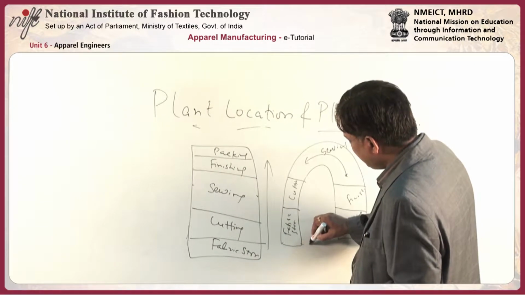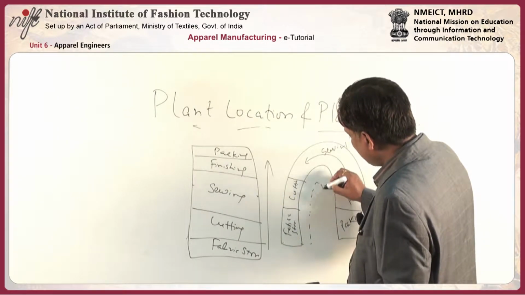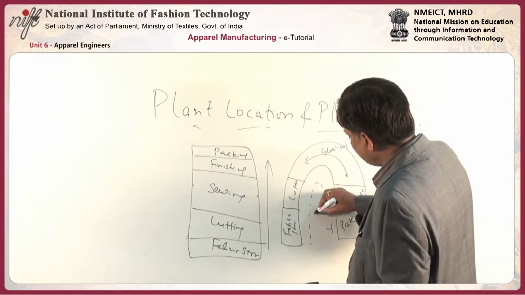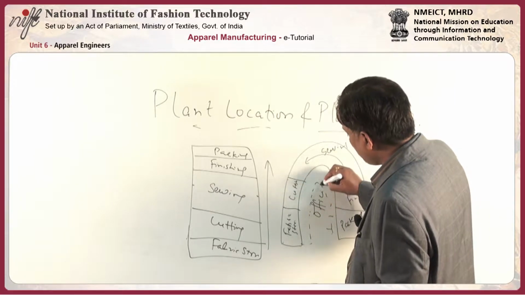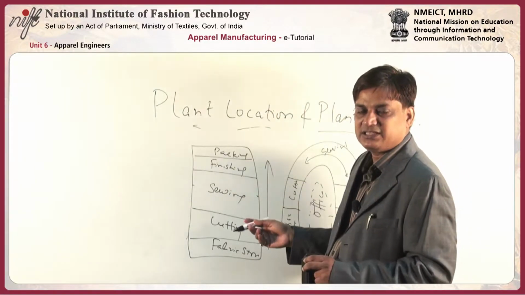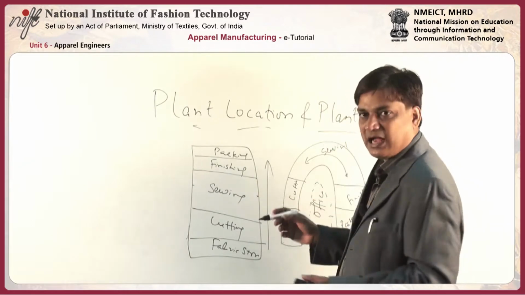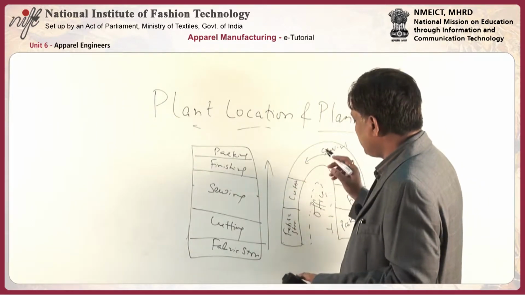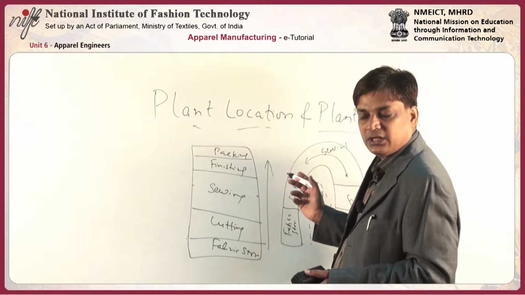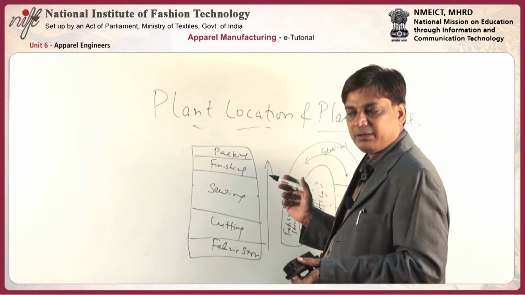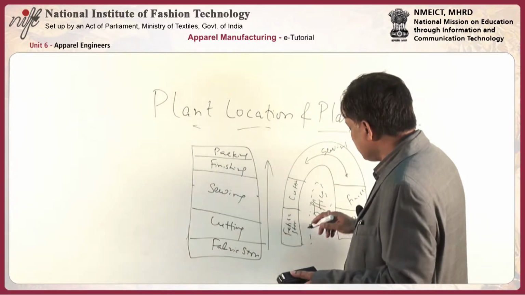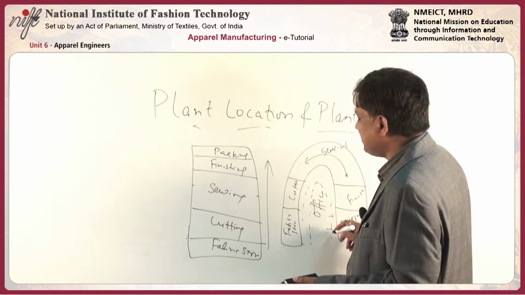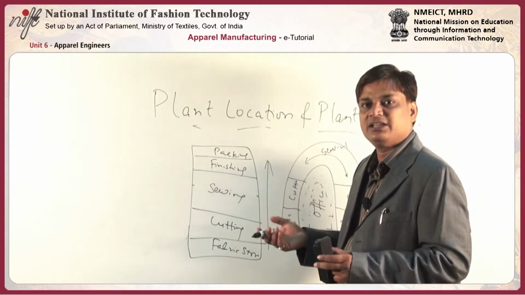In between are the areas kept as offices, maybe for merchandising, pre-production, sampling, HR, and maybe for reception. So these are the different areas, and there are also cabins for the senior and middle management.